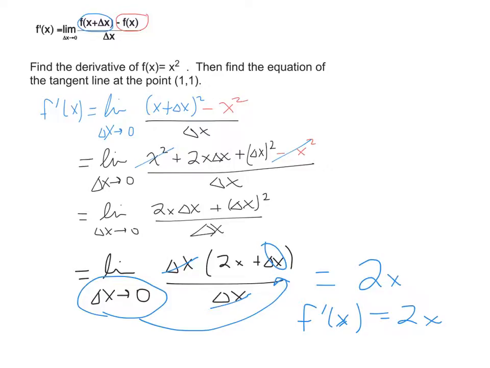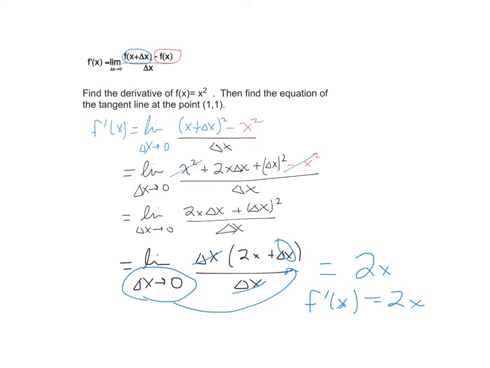Okay, but they asked us to do something else, the second part of the question. The question says, find the equation of the tangent line at the point (1, 1). Okay, so we said that the derivative is the slope of the tangent line.